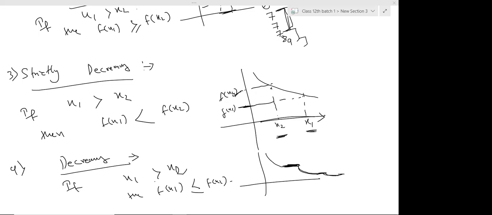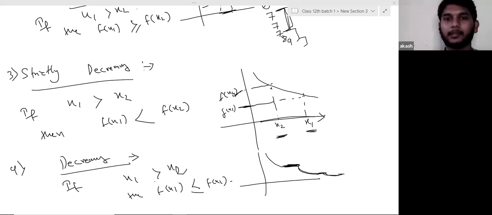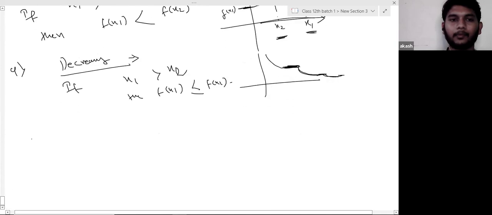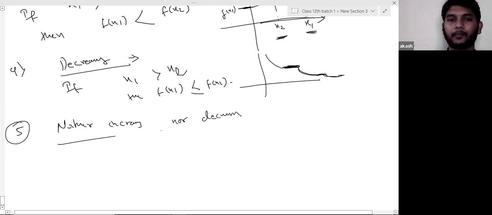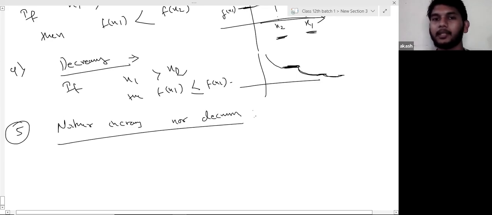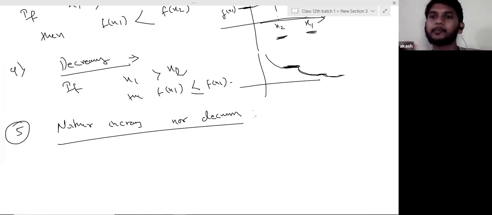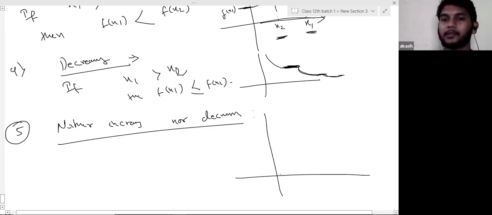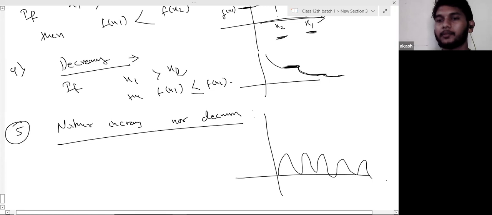Yes, sir. So there is something else also, which is neither increasing nor decreasing. All right. If we are saying a function is increasing or decreasing, then we are talking about the whole function, not specific parts. So a function that moves like a sine wave is neither increasing nor decreasing. This is not increasing, not decreasing.